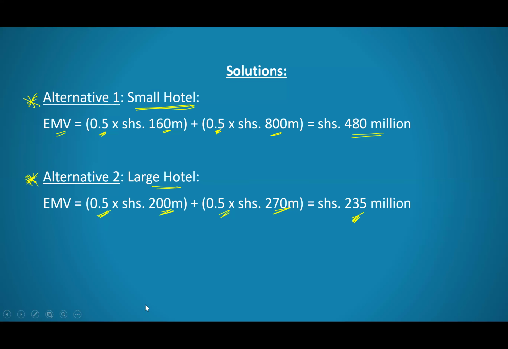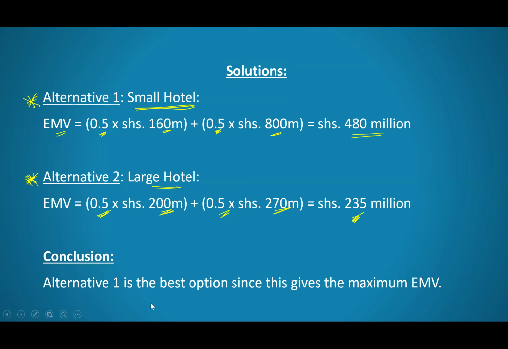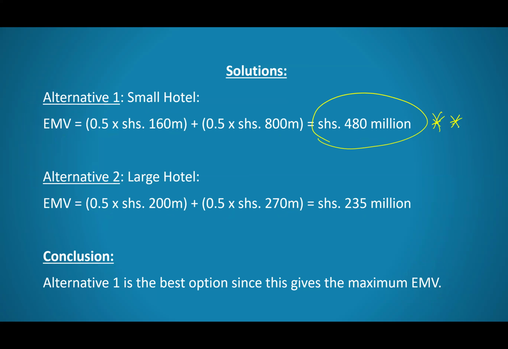So at the end of the day, I determine the highest EMV, which is this one here under the small hotel. Meaning that this being the highest EMV, it becomes the best option.